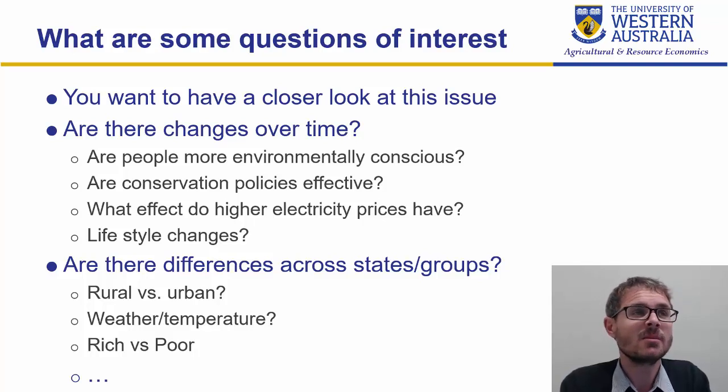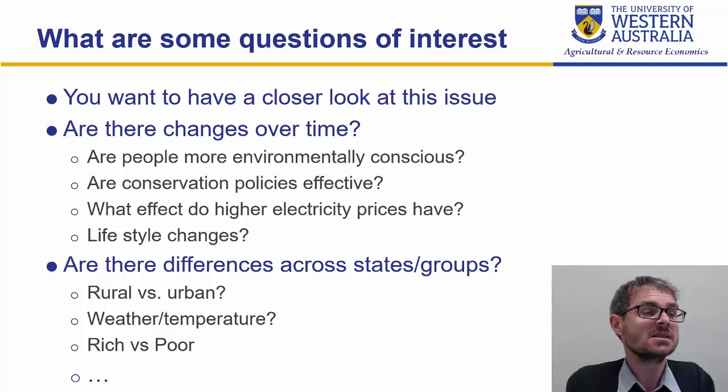Rich versus poor: the rich can have more energy consuming items, but poorer households might have less good insulation in the house and actually use more energy. So there are all sorts of different dynamics that we might want to look at, a whole heap of interesting questions about energy use.